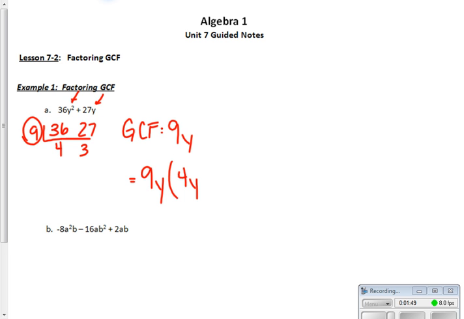That's where I'm talking about the distributive property in reverse. Plus, when you factor out 9y out of 27y, we're left with 3. So the greatest common factor we have is 9y, and factored we have 9y and in parentheses 4y plus 3.